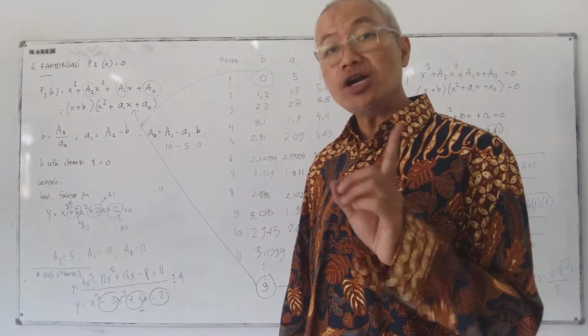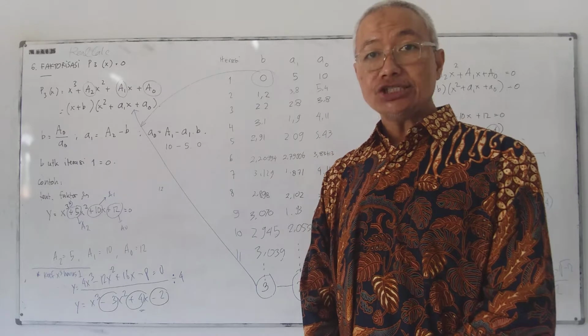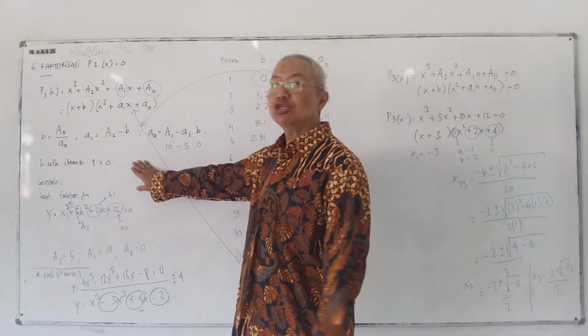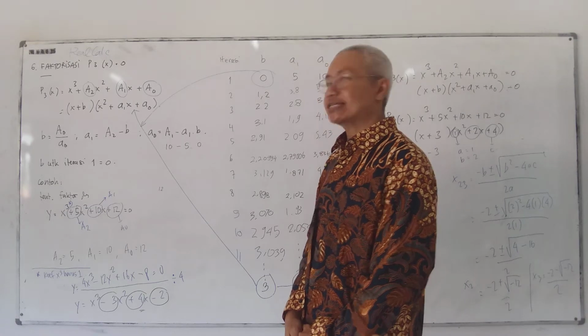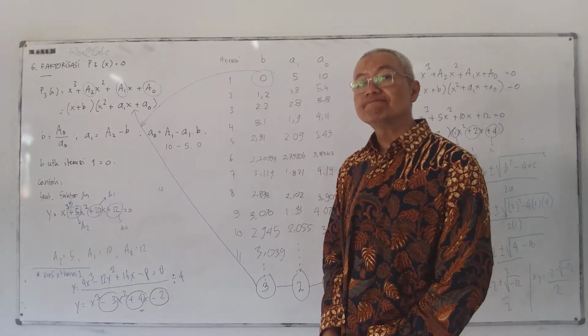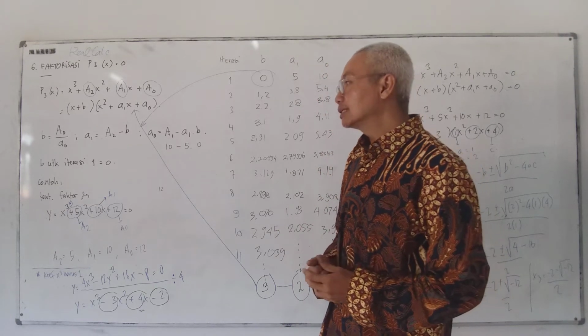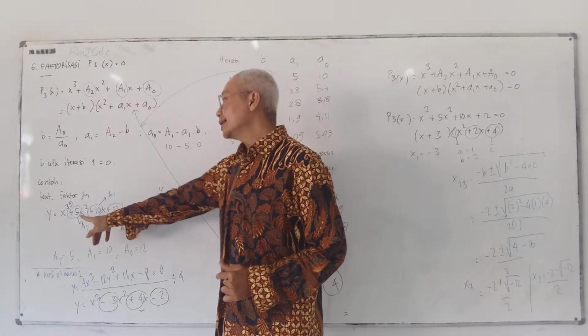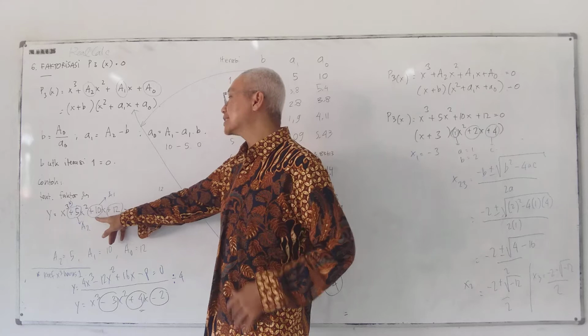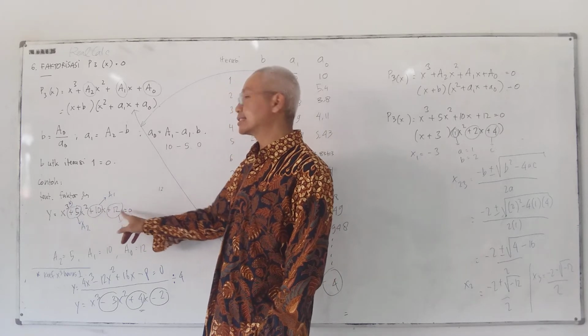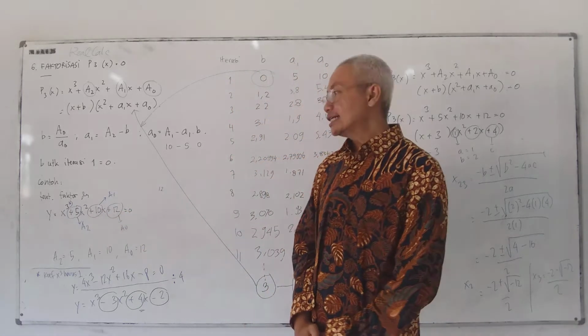And for the first iteration, the b value is 0. So, for example, I have an example: y equals x power 3 plus 5x squared plus 10x plus 12 equals 0.